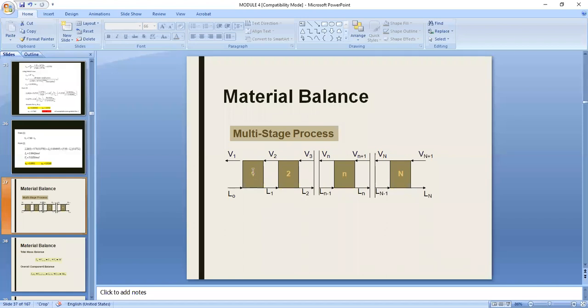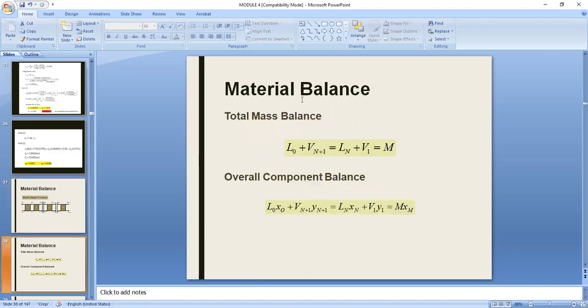The streams that leave a particular stage have subscripts equal to that stage number, and these particular streams are the ones that are said to be equilibrated. So if you do material balance, you will have L sub 0, V sub N plus 1, V sub 1 and L sub N. And your component balance would still be patterned after your total mole balance.